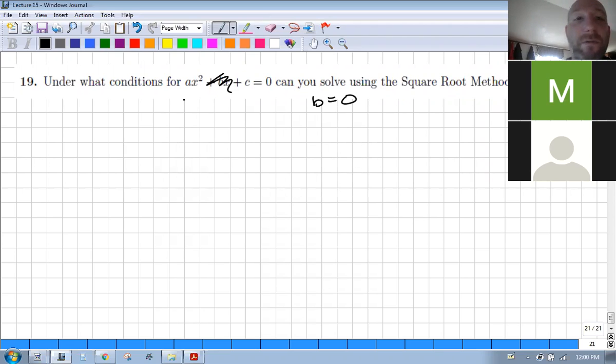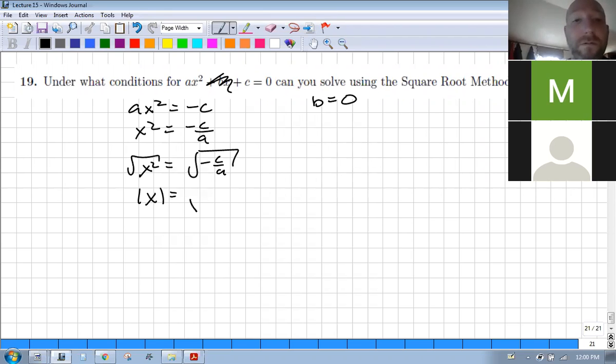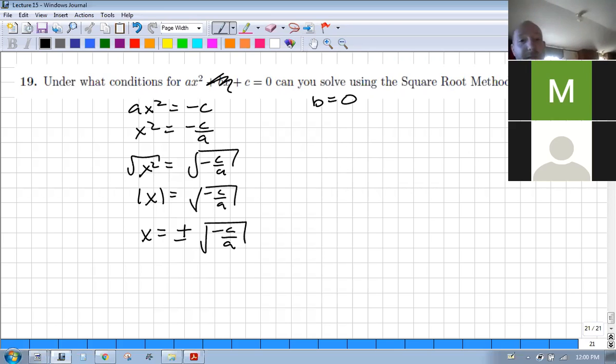Because when b is 0, you subtract c from both sides, divide both sides by a, square root. x is positive or negative the square root of negative c over a every time. And depending on whether c and a are negative, this may be an imaginary number, it might not. So yeah, if b is 0, you can use the square root method.